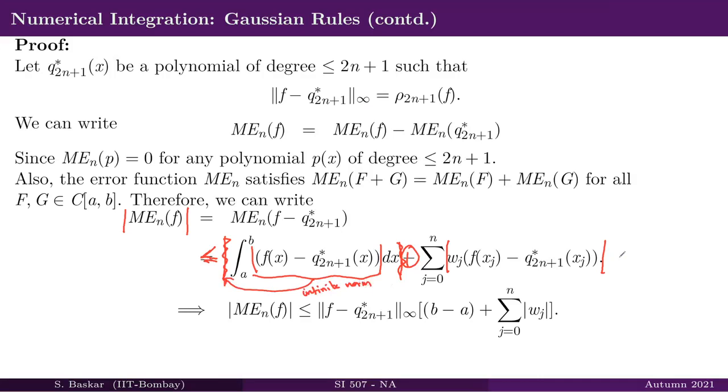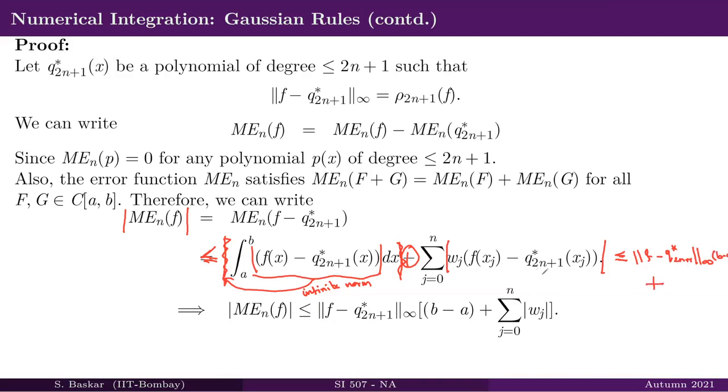Then this will be the infinity norm of f minus q star 2n plus 1, and what remains is the integral from a to b of dx, right? Sorry, this is less than or equal to. So once that infinity norm comes out, you have the integral from a to b of dx, and that is nothing but b minus a. And that is the first term.